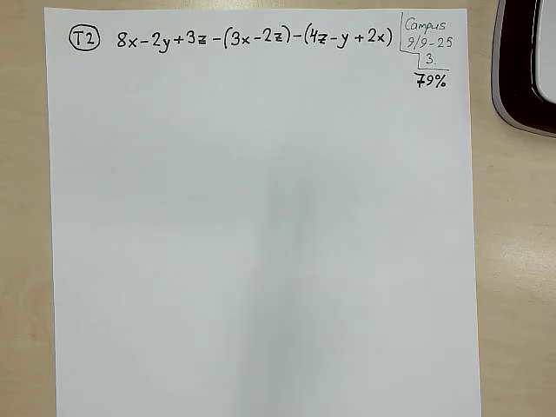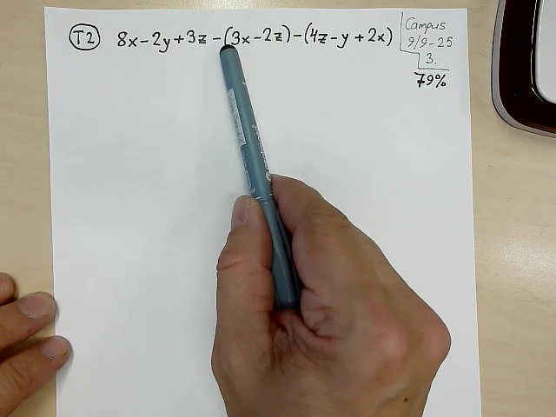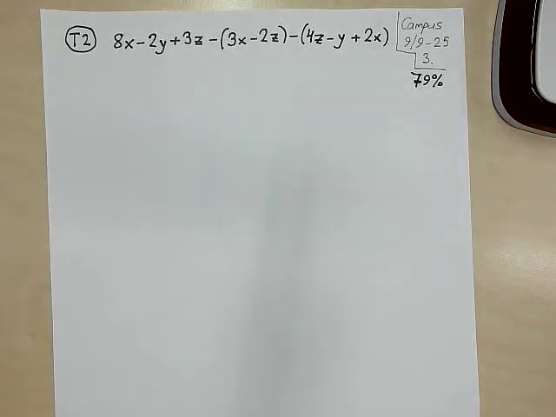Well, we have these two parentheses there. What do you do? They should be taken away, but how do we take them away?